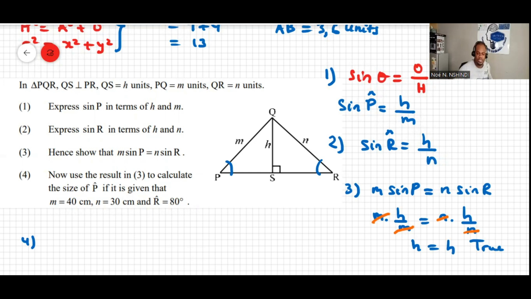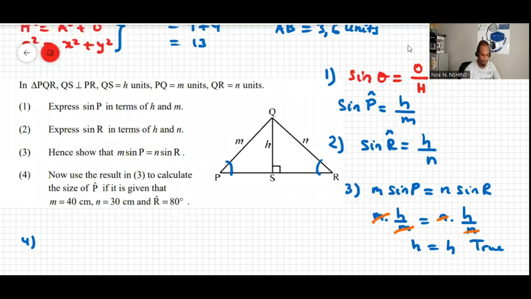Now question 4 says: now use the result in 3 to calculate the size of P if it is given that M is 40 centimeters, N is 30 centimeters, and R is 80 degrees.